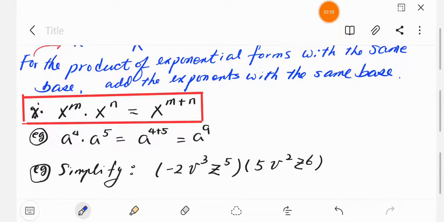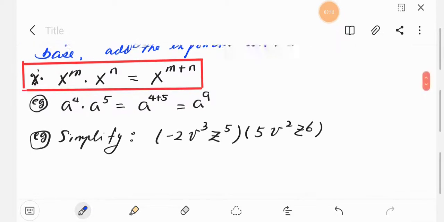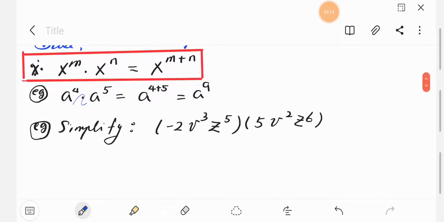So x to the mth power times x to the nth power, the bases are the same, so we can add the exponents. When we simplify a to the 4th power times a to the 5th power, this will be a to the 4 plus 5, so a to the 9th power.